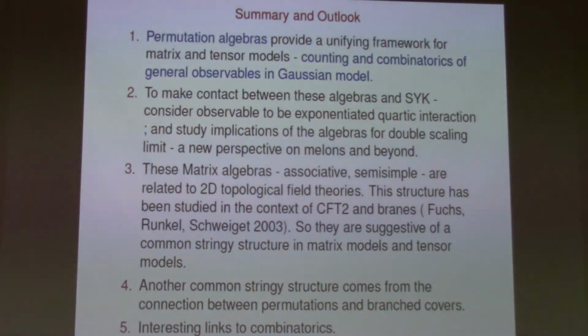So basically, this method will give some exact formula for that correlator, because it's an exponential, it's an explicit thing. We just have to take that observable and express it in this permutation language. And then it will give some formula. The question is then to recover this melonic dominance in that double scaling limit.